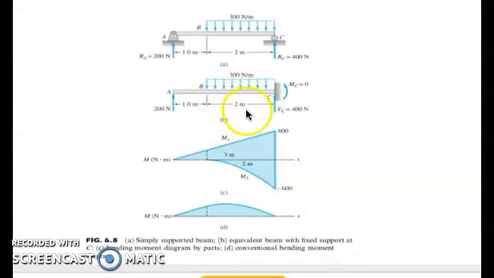So that will be 600. Since this is uniform loading, we have a curve now. So we have now this curve, and that is negative 600. This will be our M sub 2. And we have a conventional bending moment.